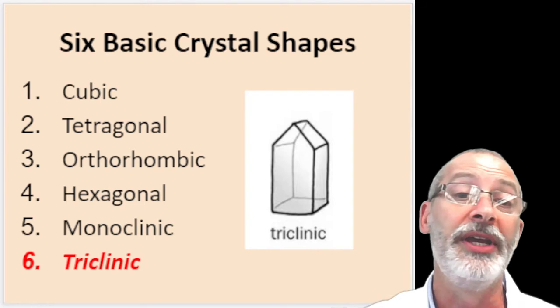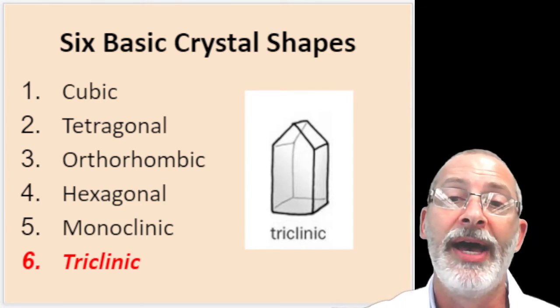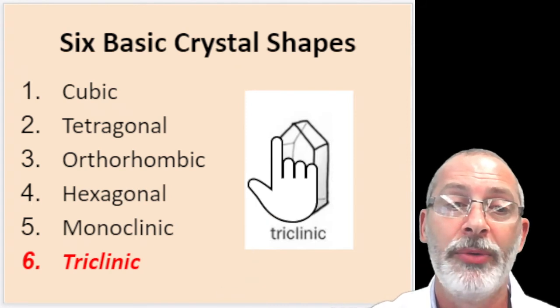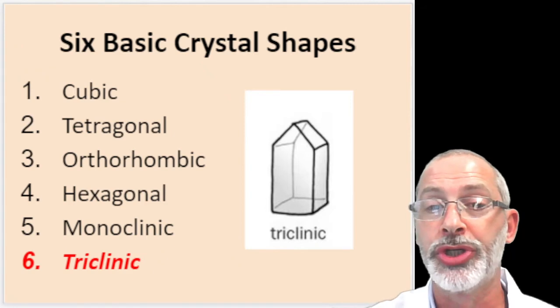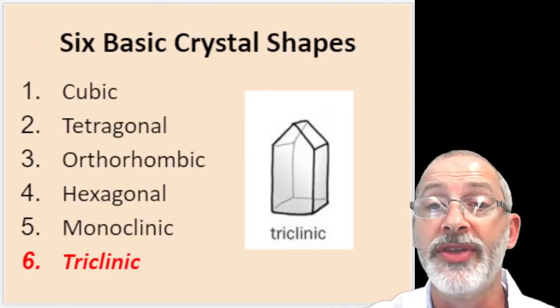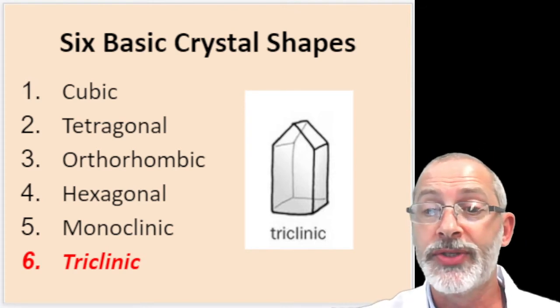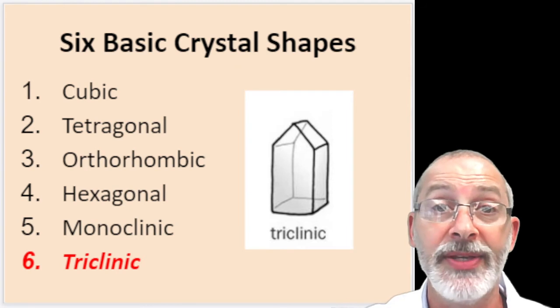Triclinic, very similar, but triclinic, as you can imagine, have one, two, three sides to the clinic portion of the mineral. And those are the six basic crystal shapes that we will be exploring and utilizing this week.